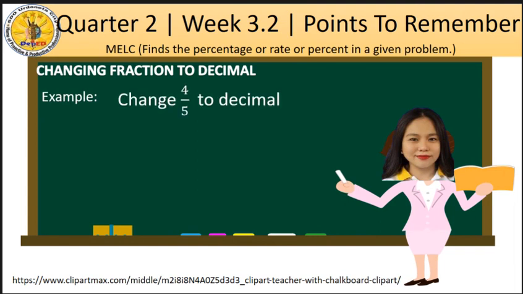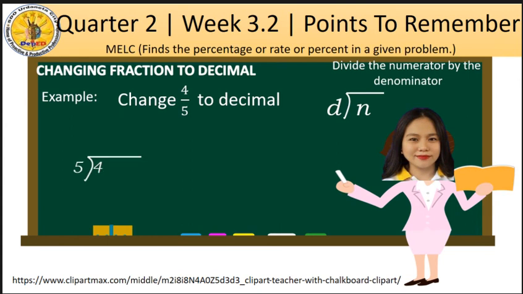Change 4/5 to decimal. Let's divide the numerator by the denominator. We cannot pull a whole group of 5 out of 4, so we need to extend with a decimal and 0. Bring the decimal straight up.